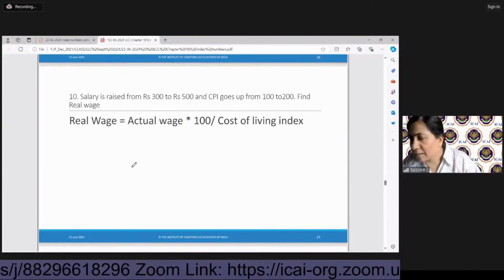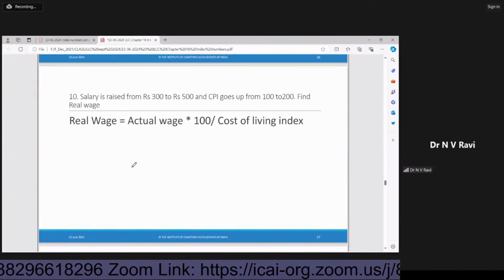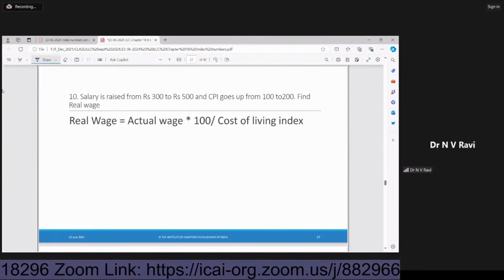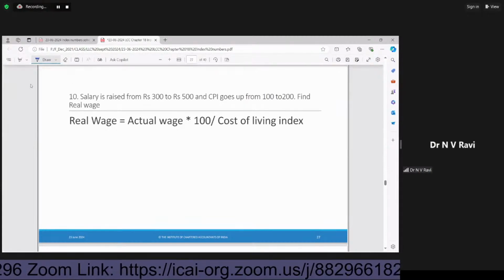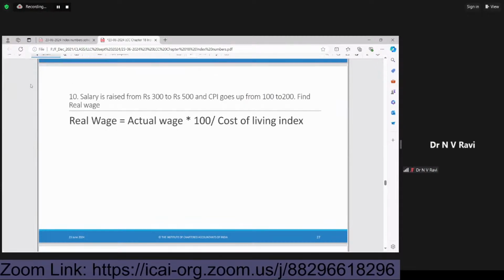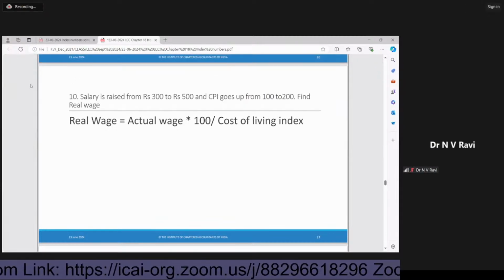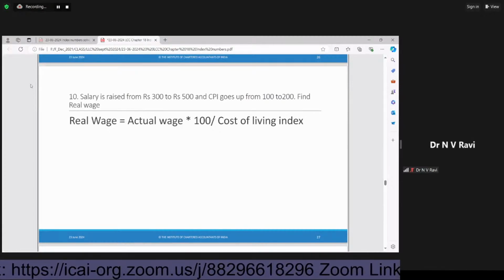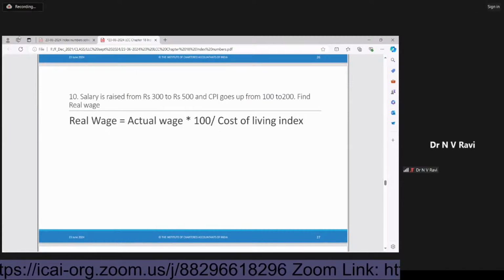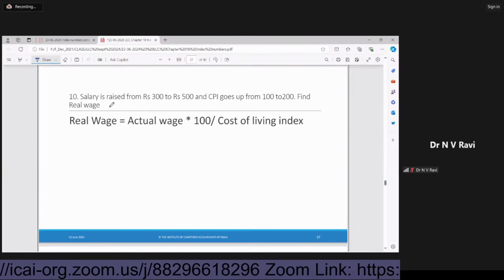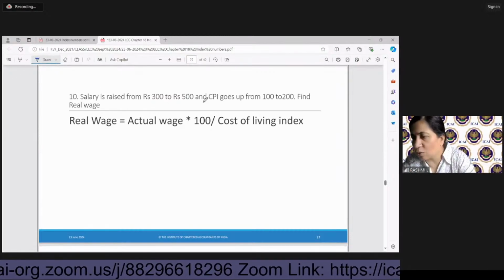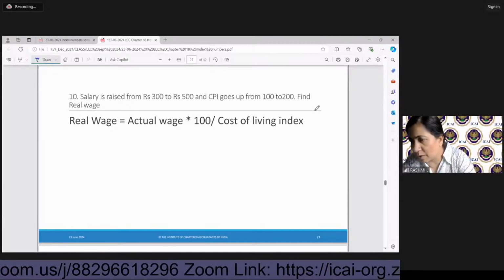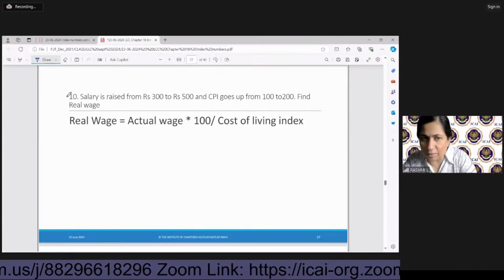Next, this is a very important model for the examination point of view. Salary is raised from 300 to 500 and CPI goes from 100 to 200. Find the real wage.